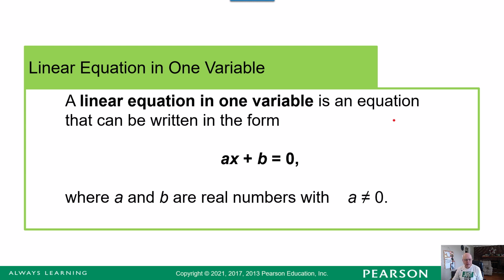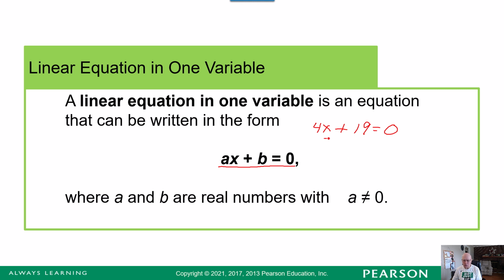Next, this is what a linear equation in one variable looks like. This is an example with just A's and B's used. For example, if we put a regular number where A is, say 4x plus, let's say 19 equals 0, that's a linear equation in one variable.